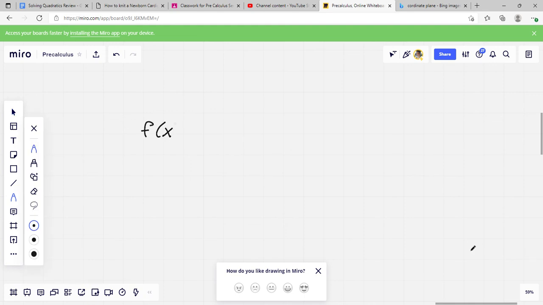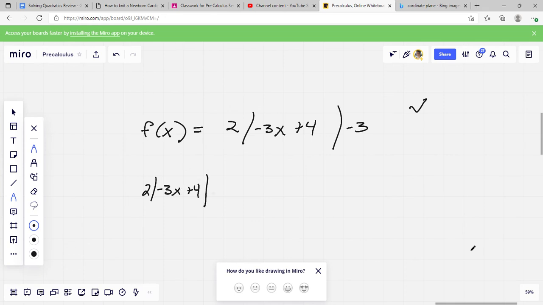f of x equals 2 times the absolute value of negative 3x plus 4, minus 3. All right, let me fix that. Okay, so to find my vertex, first I have to fix this equation so that I don't have a coefficient next to the x. So I have 2 times the absolute value of negative 3x plus 4. I need my x all by itself.